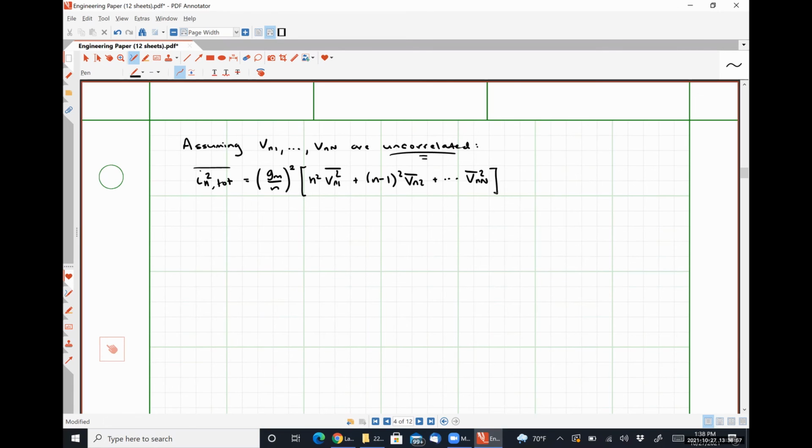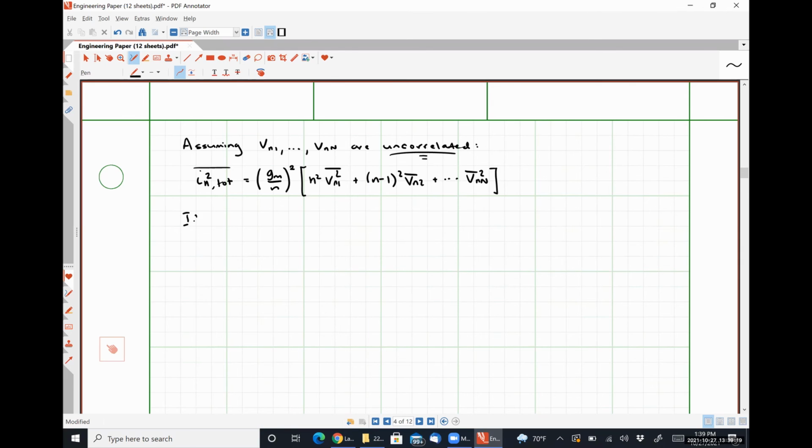Okay. Now, similarly to what we did with the transconductance, since we're breaking this up into n identical transistors, we've broken our gate resistance up into n identical resistances, right?